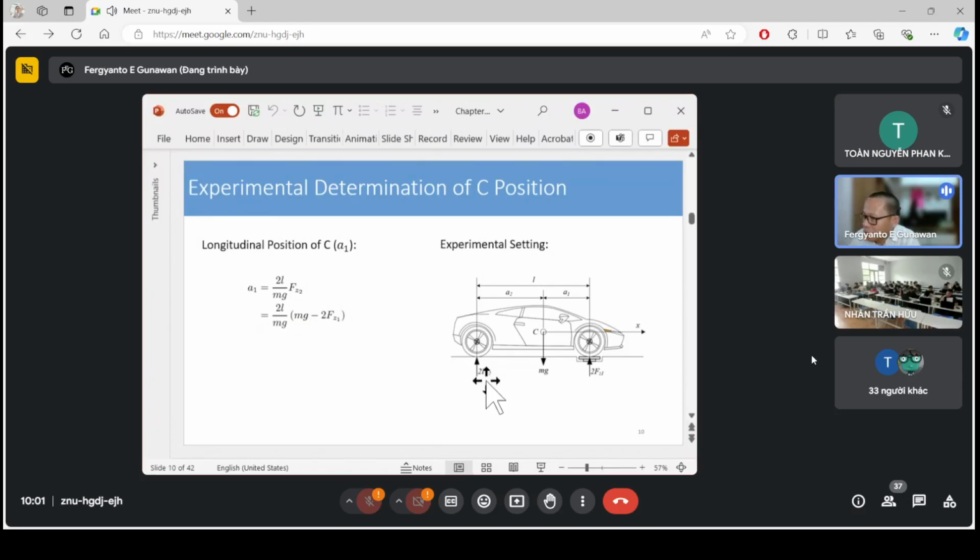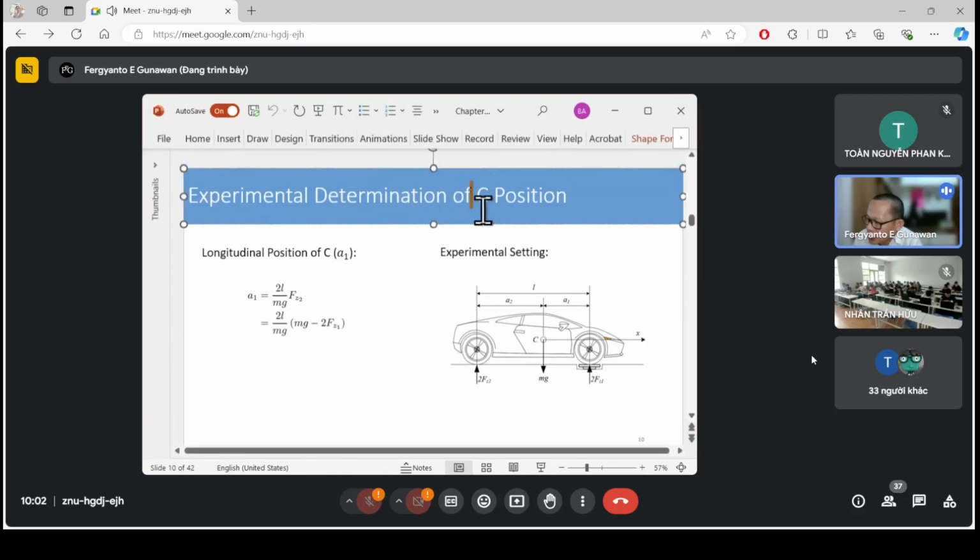As you can see, we can also use the formula for determining the position of the center of gravity. In some applications we like to know where the center of gravity is located, right? And for that purpose, we are going to install a simple transducer here, a simple instrument.